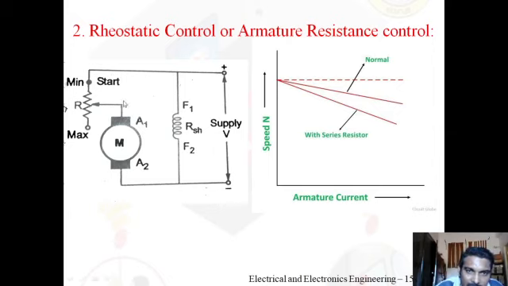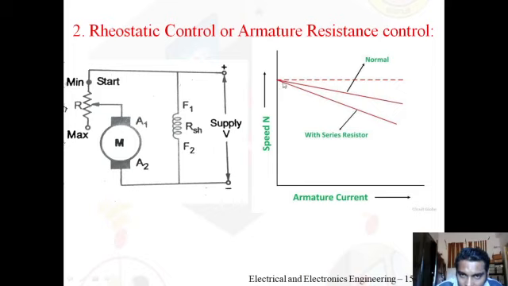Whenever the resistance is zero, you can assume the resistance is not there. Whatever voltage we applied is coming across the armature. Whenever the rated voltage comes across the armature and the load is zero, what is the speed? This dotted line represents the no load speed of a DC motor.